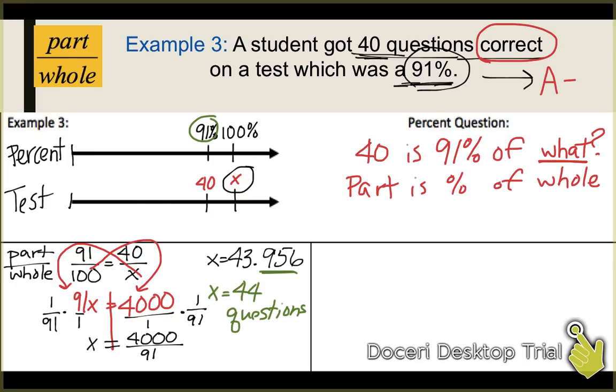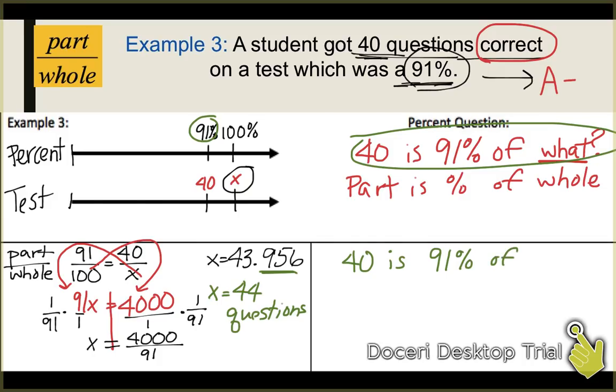Question is, I'm just going to rewrite this. So I have 40 is 91% of, and I'm going to use my variable in this case, which is x. 40 is 91% of x, right?